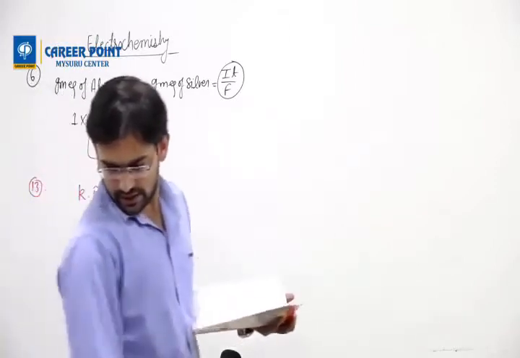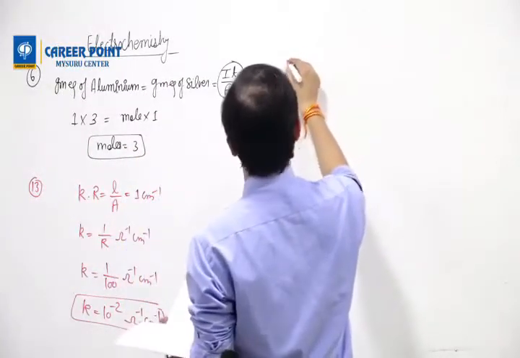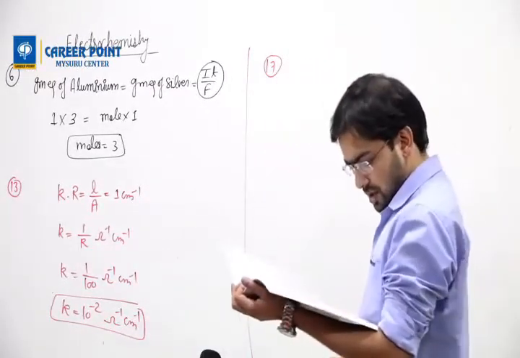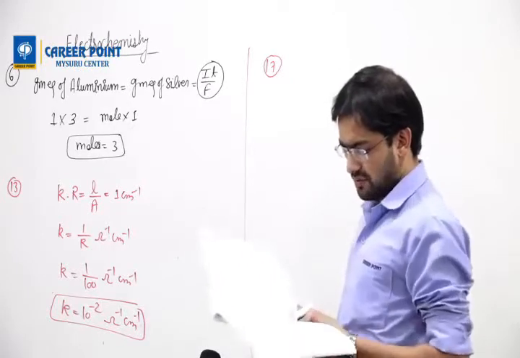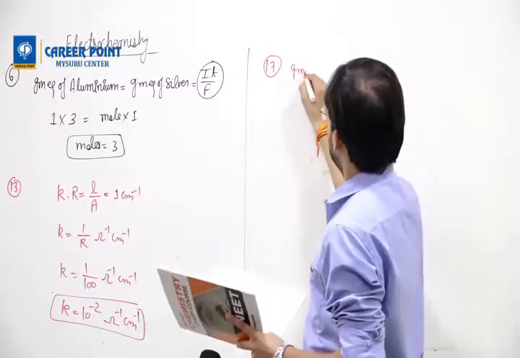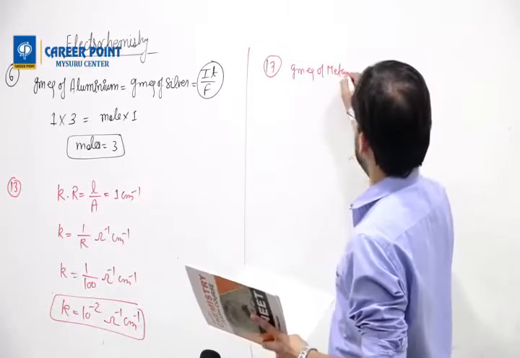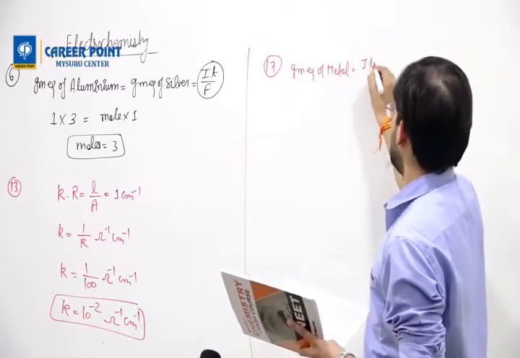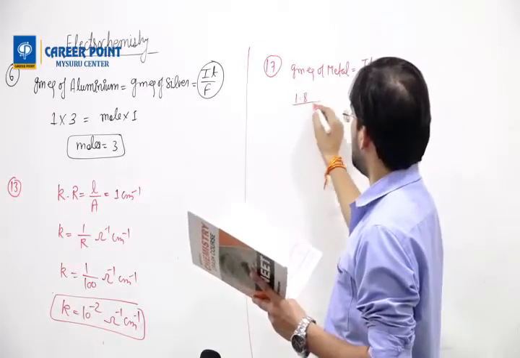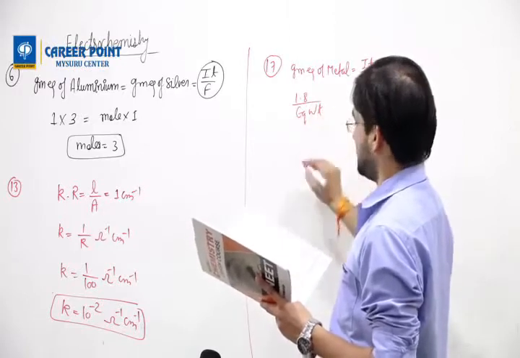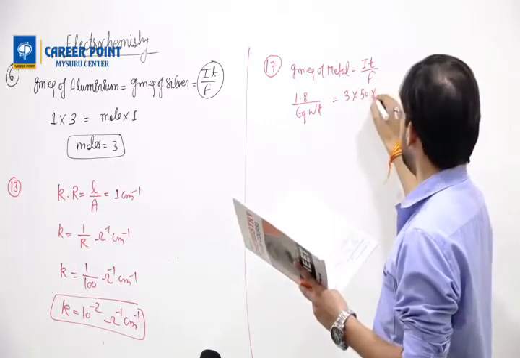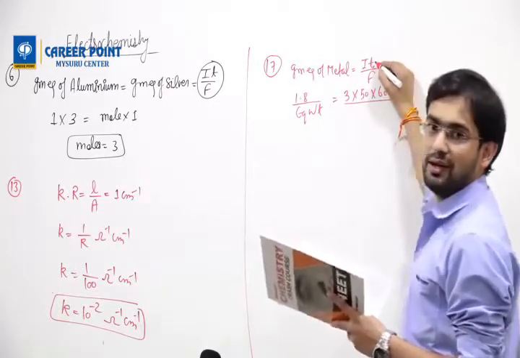Question number 17. On passing 3 ampere of electricity for 15 minutes, 1.8 gram metal deposited. The equivalent mass. So I'll write gram equivalent of metal is equal to IT by F. 1.8 gram by equivalent weight is equals to ampere 3 times 15 into 60, because this time always will be in second.